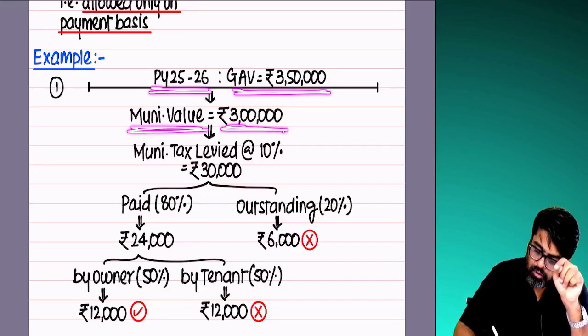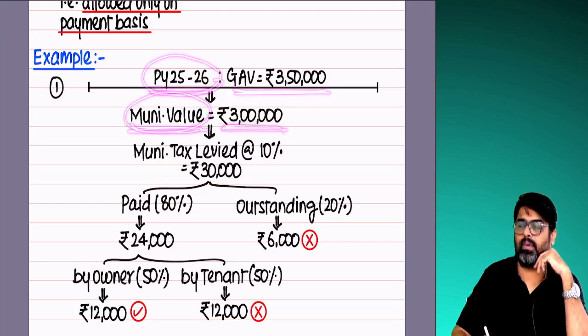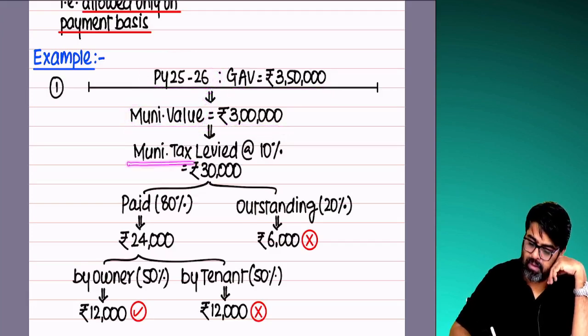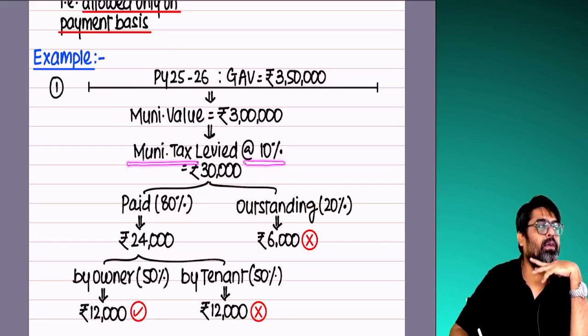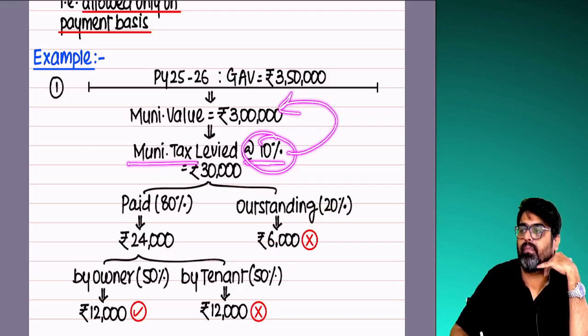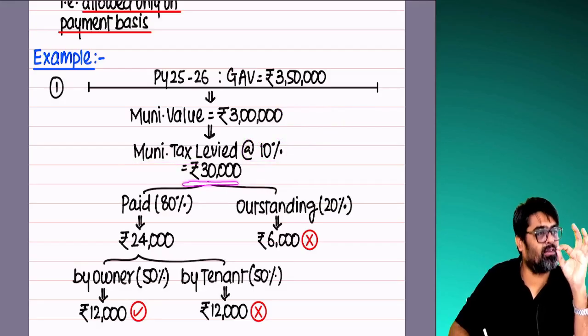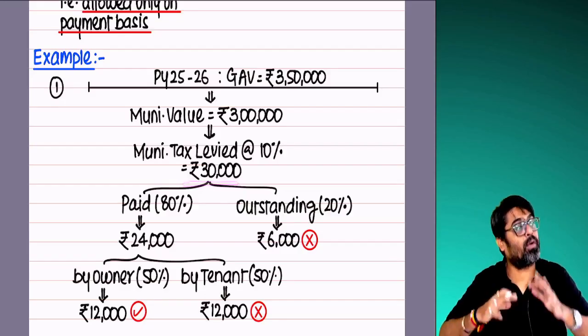Yes or no? For this year the municipal value was 3 lakhs, and the municipal tax levied was 10%. This 10% will be levied on the municipal value only. So how much will be the municipal tax? 30,000. This 30,000 is the municipal tax for this year.